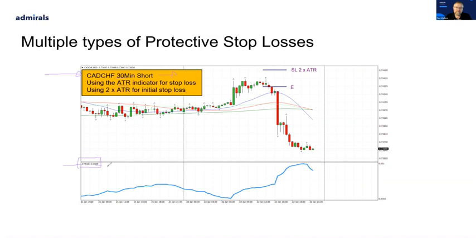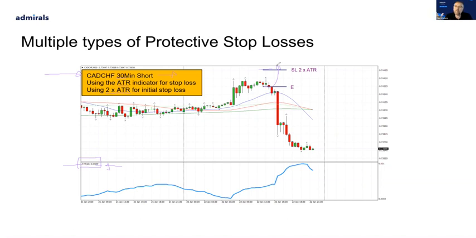So what I have done is use 2 times the average true range for my initial stop loss. Where my entry is, my stop loss is 18 pips away, 2 times the ATR for that time frame. Because what I'm expecting is that if the price does wiggle about, the likelihood is that it's not going to slam straight up and take me out straight away.